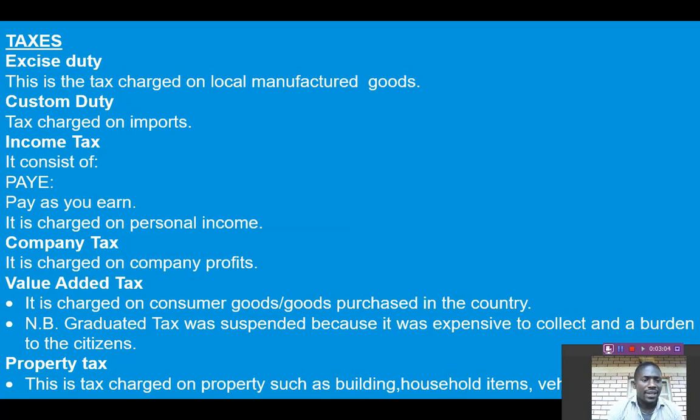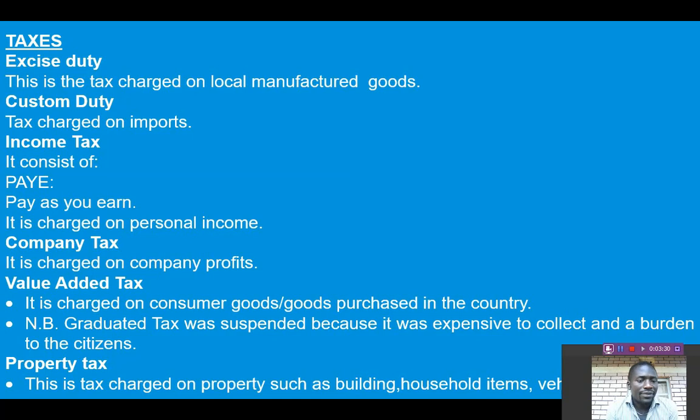Then we have another kind of tax called the customs duty. This is a tax charged on imports, goods coming from outside countries into our country. They are supposed to pay customs duty at the border before those goods are imported into the country.